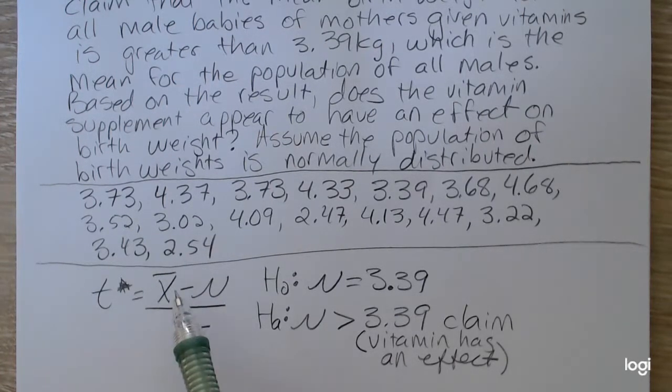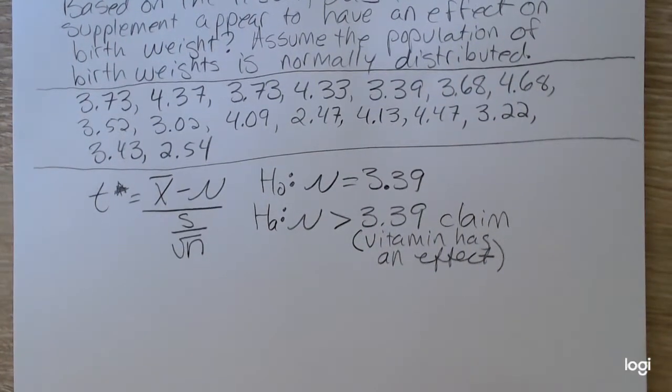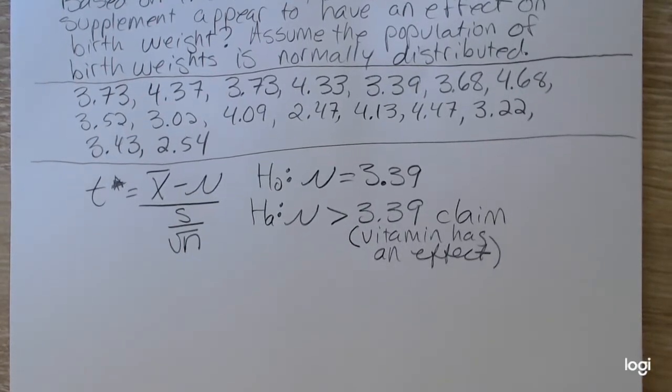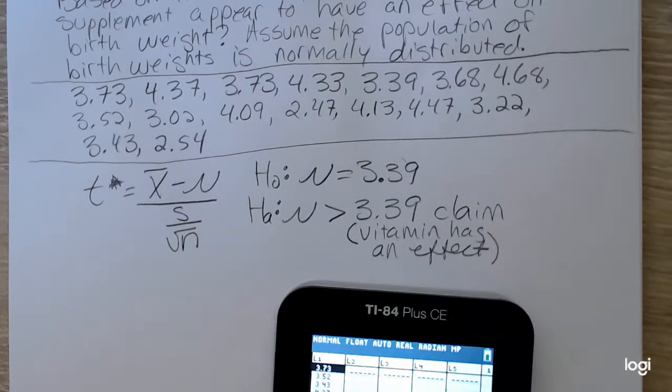So looking at our standardized test statistic, we're going to need the sample mean, the sample standard deviation, and the sample size. Because I don't have the summarized statistics, I'm going to need to get those values if I want to input into this formula.